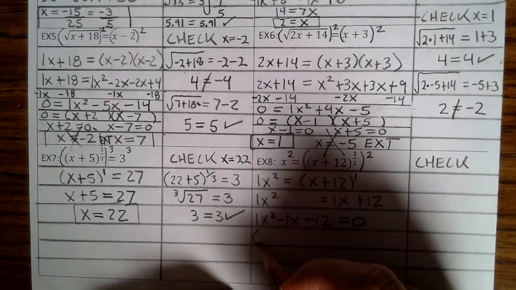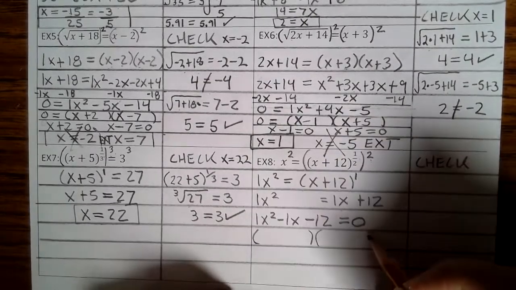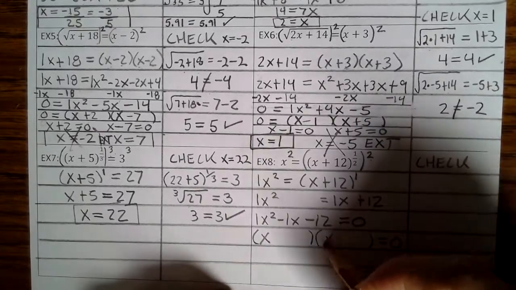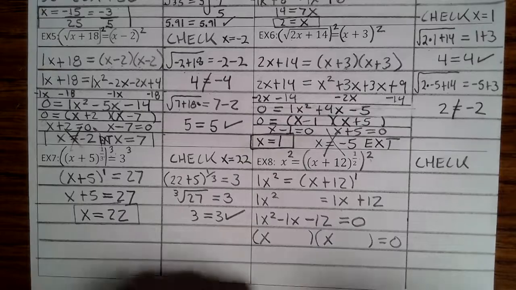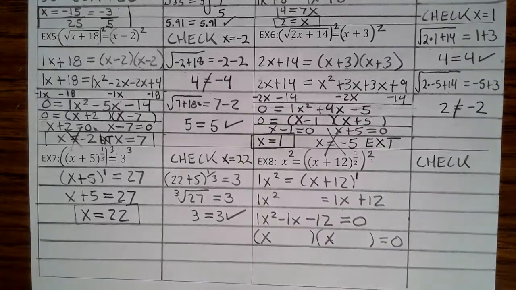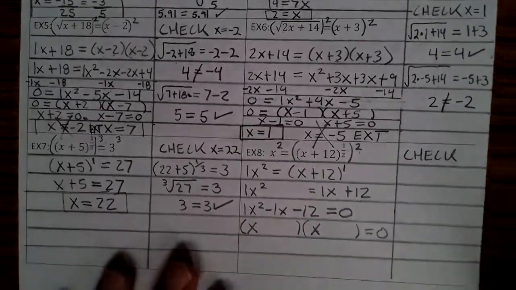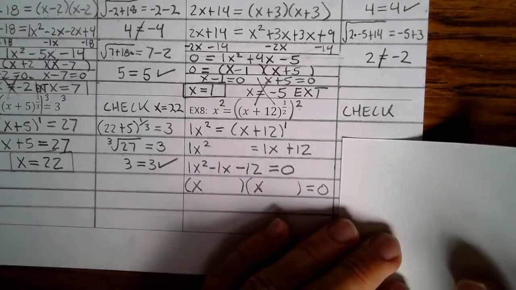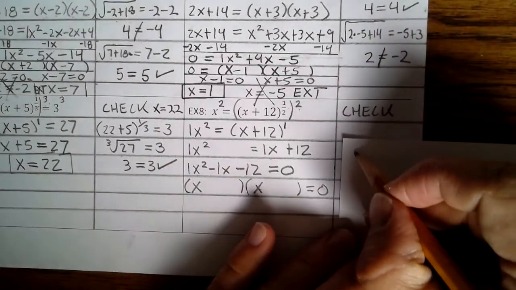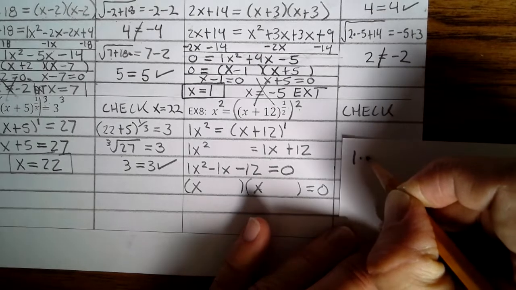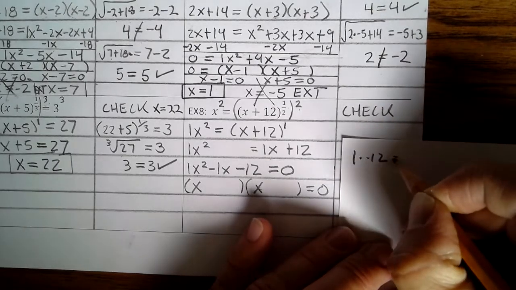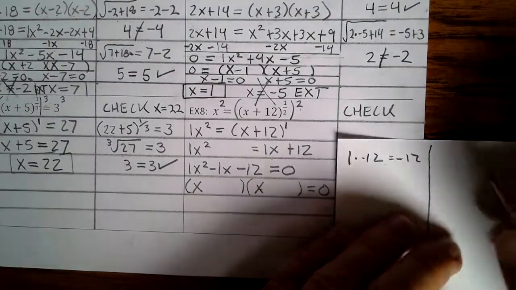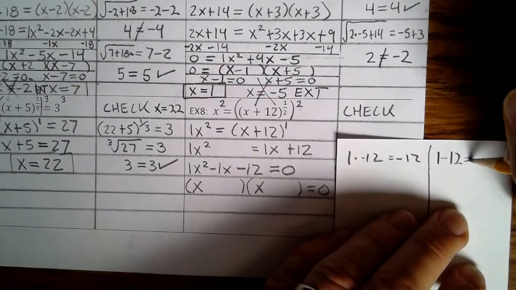Now, you're going to factor. We know x and x makes x squared. Now we need to find all the combinations that make negative 12 combined to be negative 1. So let's start with 1 times negative 12 equals negative 12. And then 1 minus 12 equals negative 11.